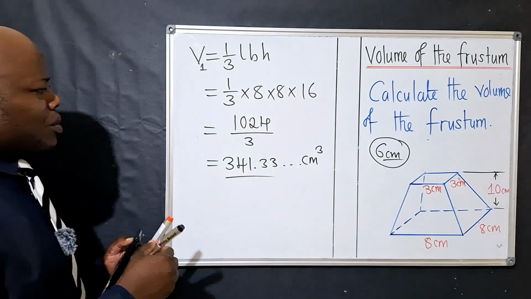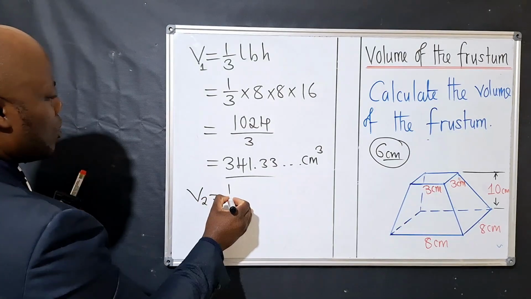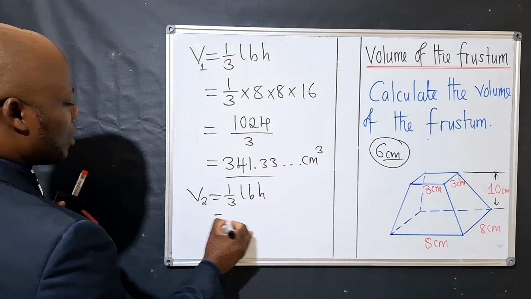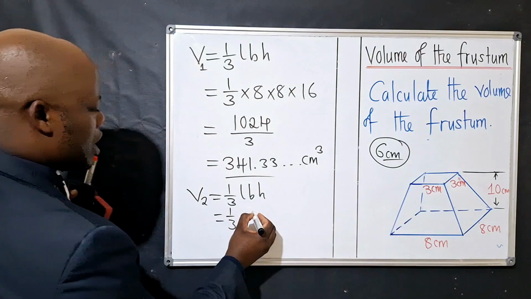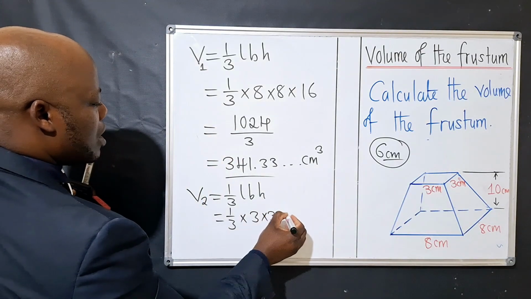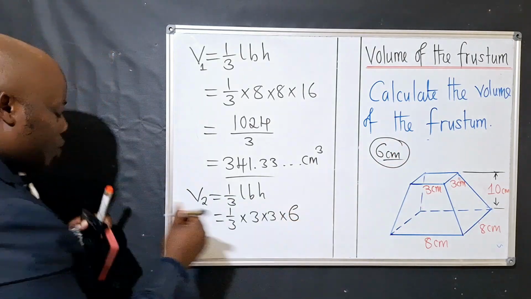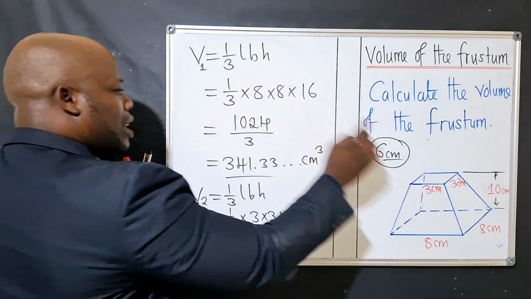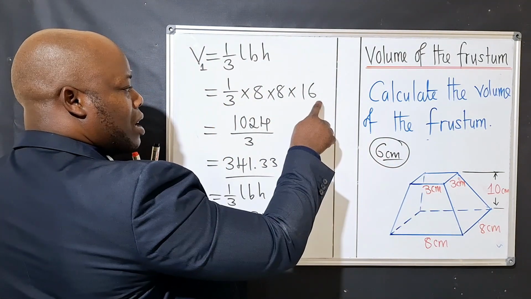So the next thing that we're going to do, we shall find volume 2, using the same formula right over here. So we shall say 1 over 3 times, now we come to the top here. It will be 3 times 3 times the height of what has been cut, which is 6. So don't confuse things here. For this one, my height was what I have here plus what I found, it gave me 16.